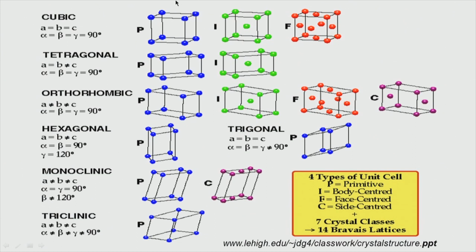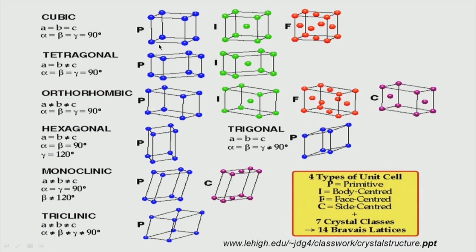All the metals, even salts for example, will fall into this if they are crystalline in nature. So, crystallinity determines some of their physicochemical properties.